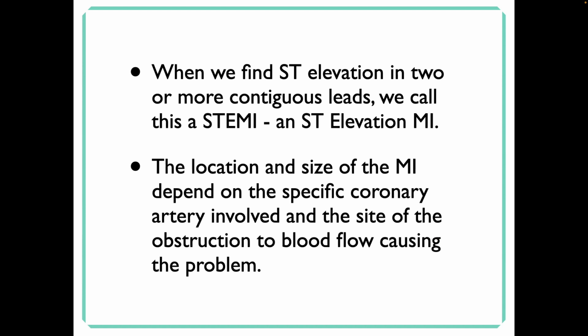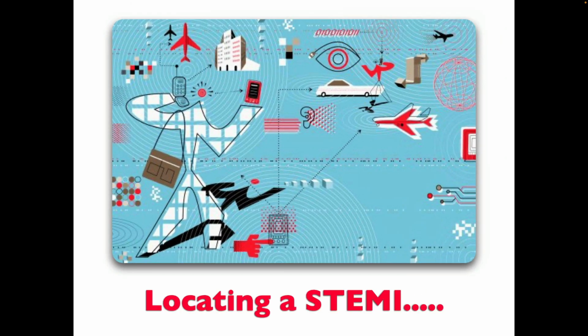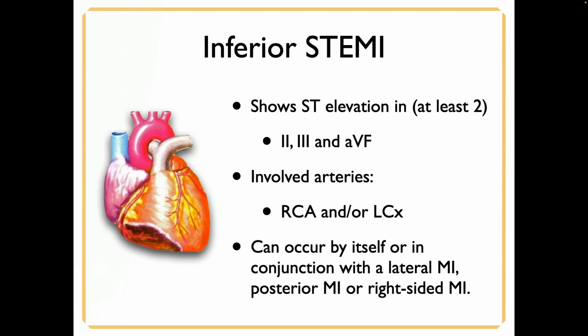Okay, so let's do it. Locating a STEMI. So I'm just going to go through all the different kinds of STEMIs that we can have, aside from right-sided and posterior, because we'll do that later. So an inferior STEMI shows ST elevation in at least 2 out of 3 of 2, 3, and AVF.